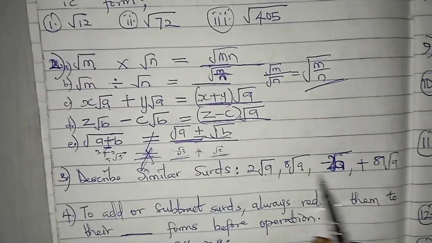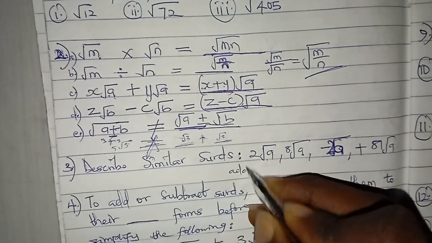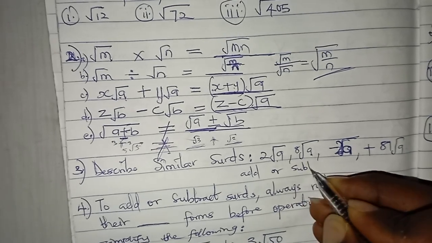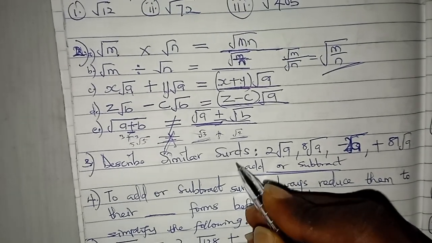Provided that what you have inside the root is the same, you can add or subtract. They are the same. They are similar surds.